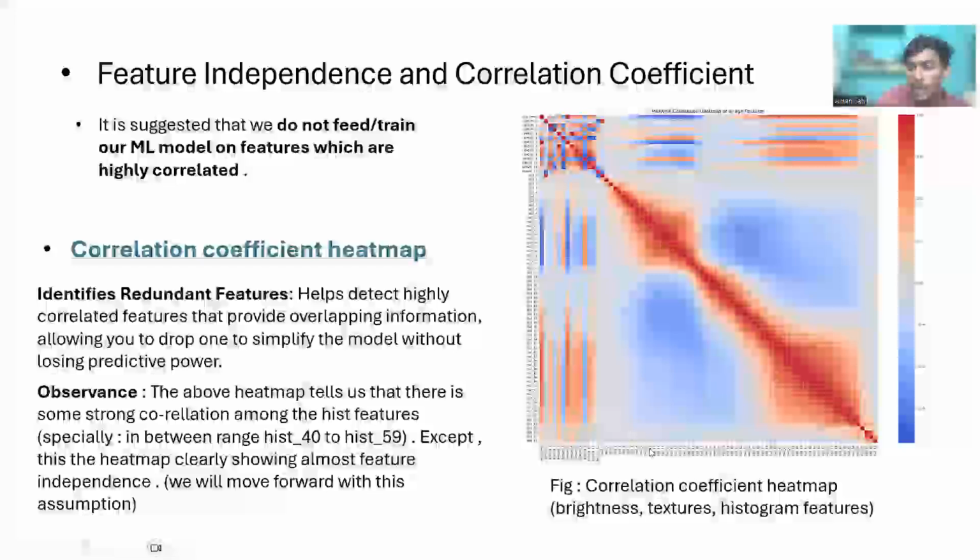If you look at the rest of the matrix, you will find that there is no such strong multicollinearity. There exists some collinearity between hist feature 40 and hist feature 59 in this range, but that is also not too much. We can take all these features directly, do feature scaling, and then put them in our machine learning model, right?